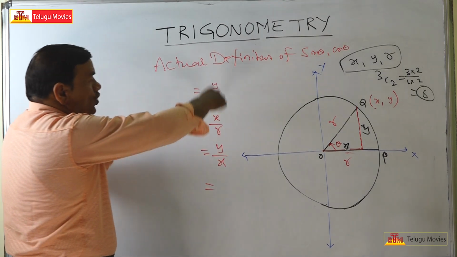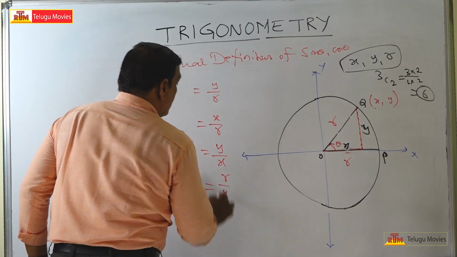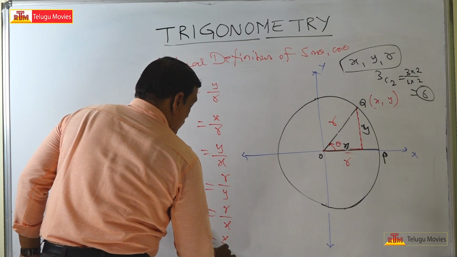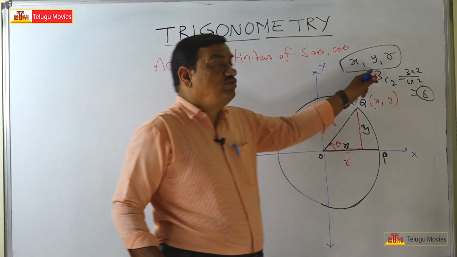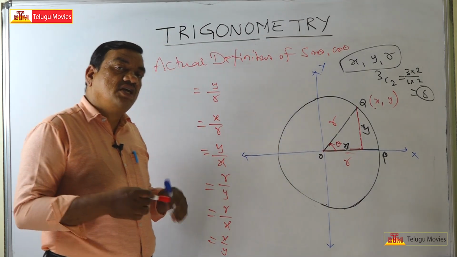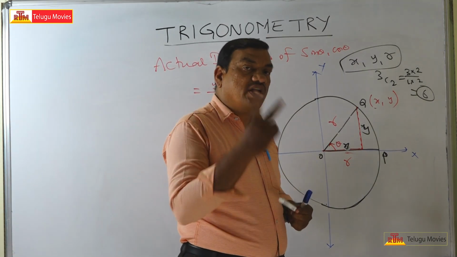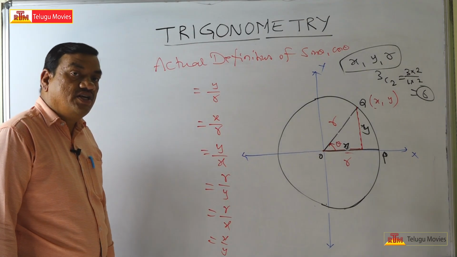Next their reciprocals: r by y, r by x, x by y. How many ratios did we get? 1, 2, 3, 4, 5, 6, according to the 3C2 combination. Can you get more than 6? Never. Out of three quantities, two can be selected in 6 ways.